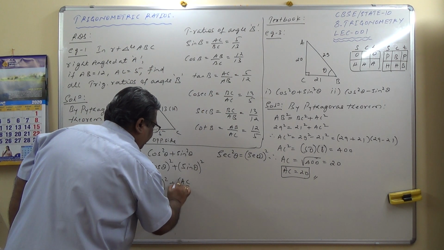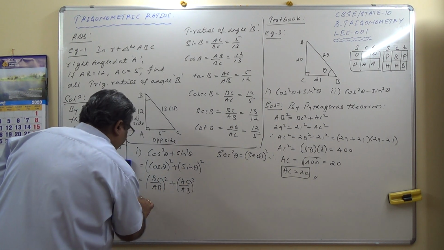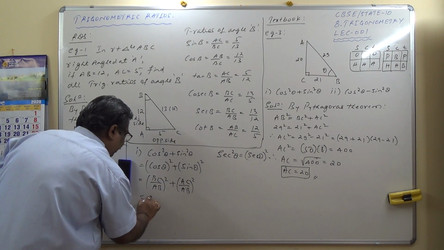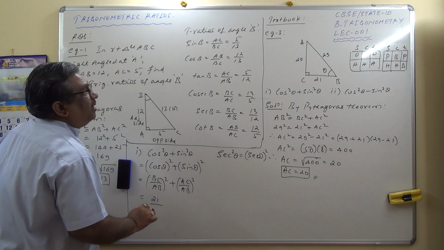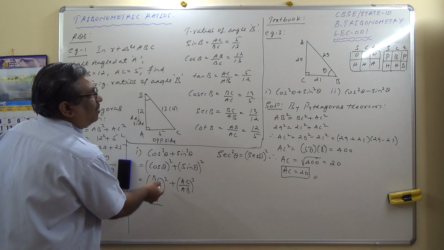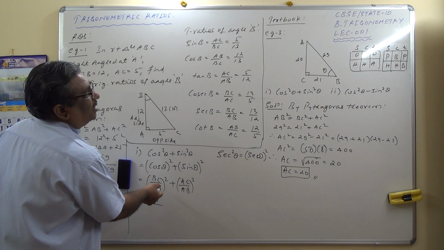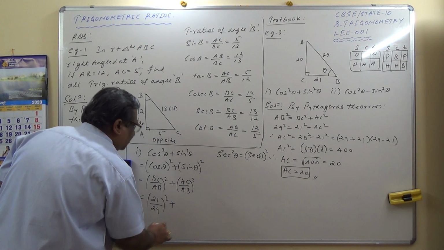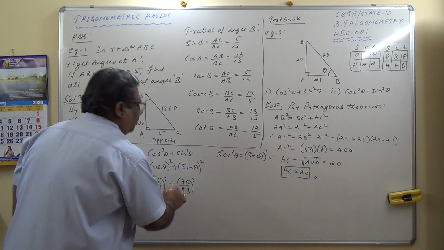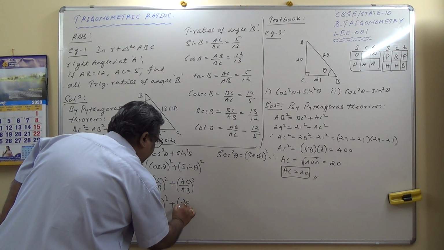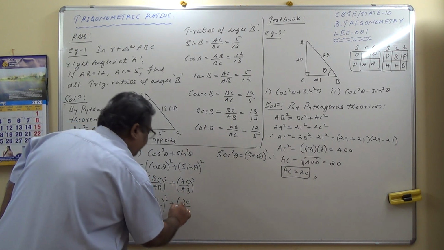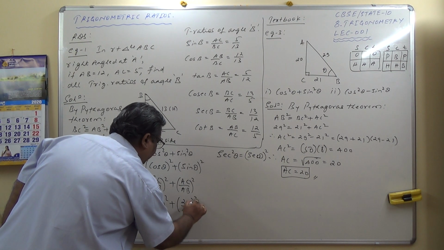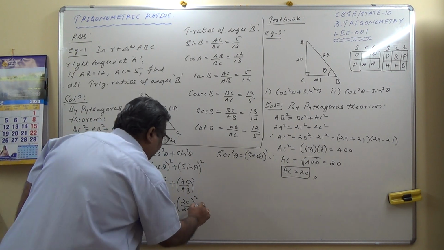What is BC? 21 by 29 the whole square, plus AC 20 by AB 29 the whole square. So how do you solve this one?